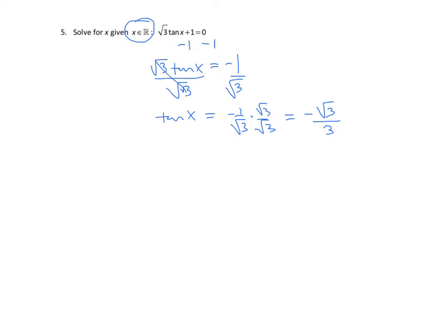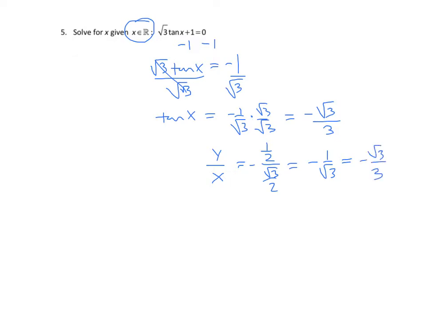To get a tangent value of negative radical 3 over 3, we need y over x to be 1/2, well negative, over root 3 over 2. That gives us negative 1 over root 3 or negative root 3 over 3.